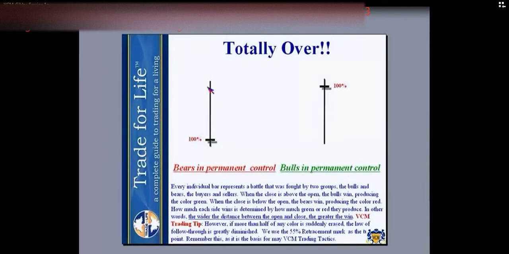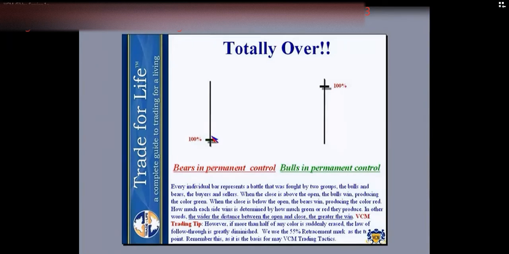So when you see this event, the reason you think totally over is really, if this was printing color, what would you now have right in front of you? You would have a solid red bar. Yeah, Stephen. You would have a solid red bar. You would have the exact opposite of what you started with, right? We just said that when you have a solid red bar, the Bears are in control.